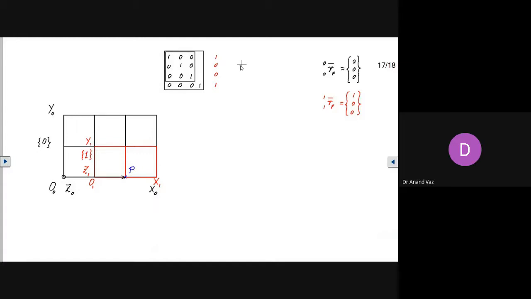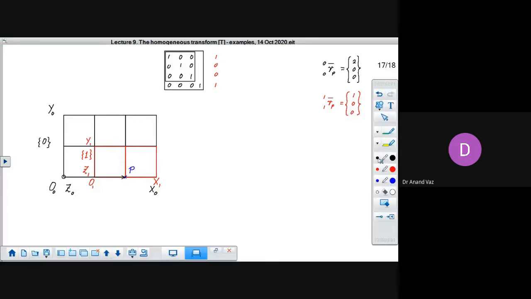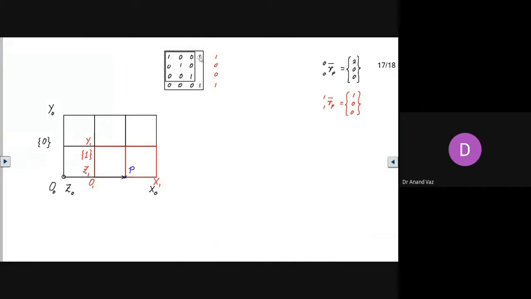Okay. The second part is what is the location of the origin of the frame 1 with respect to frame 0 as seen by the person standing in frame 0. So here he sees that the origin is located at a unit of 1 along the x-axis, and here it is 0. Okay.